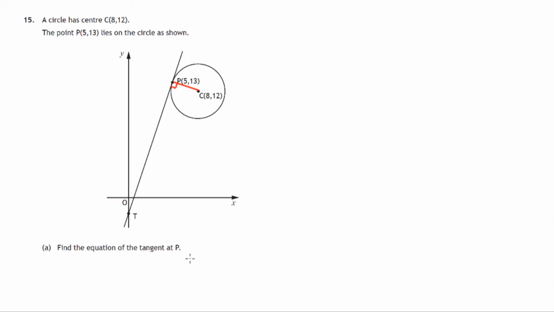Now to find the equation of a line, if we know the gradient of the line and a point on the line, then we know its equation is y minus b equals m(x minus a). We know a point on the line, that's (5, 13), but we don't know the gradient of the tangent.